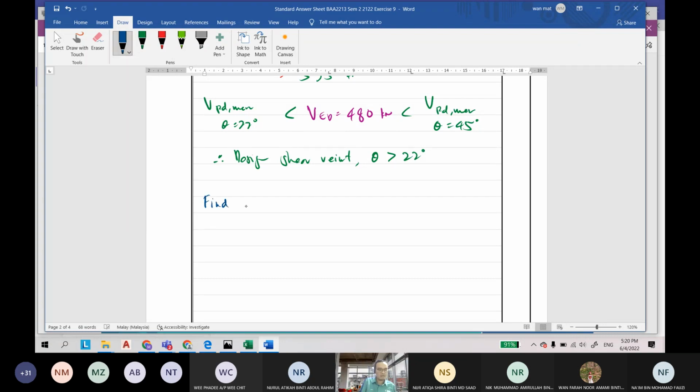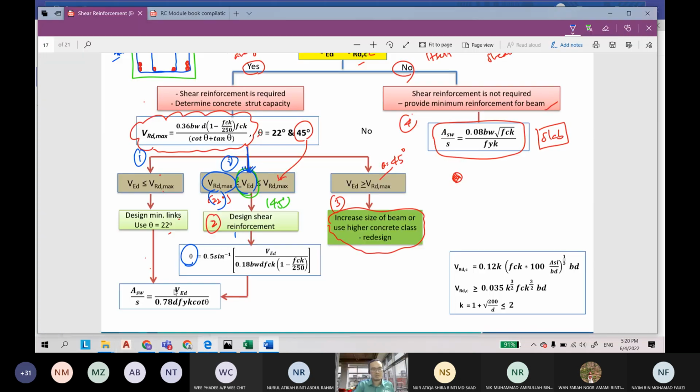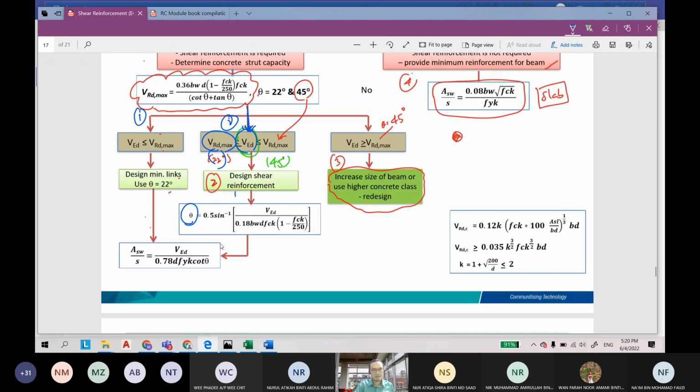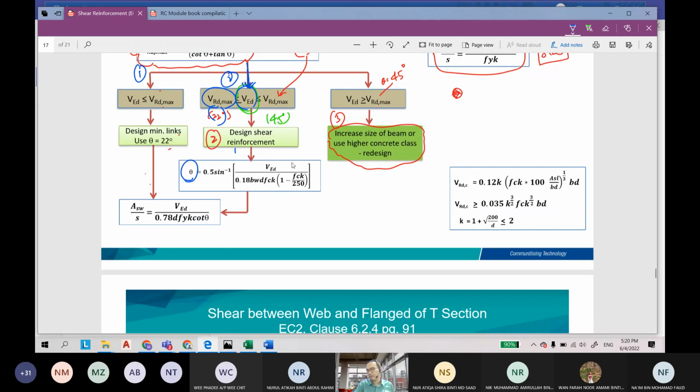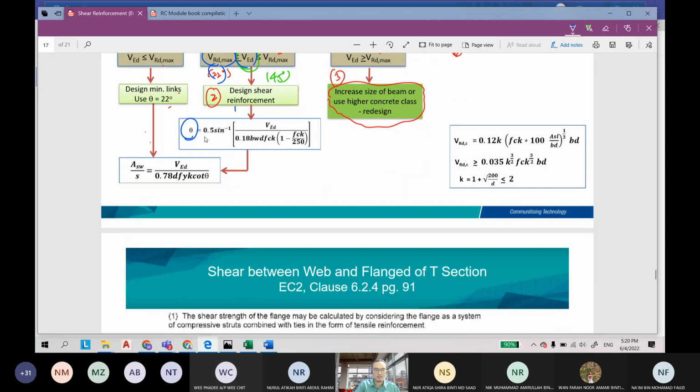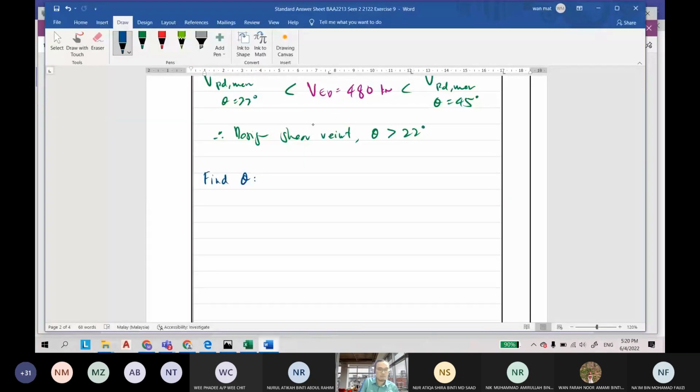We find theta by using these equations. You must use your calculator, because we have to use the anti-sine function. Theta is equal to 0.5 anti-sine of this one.